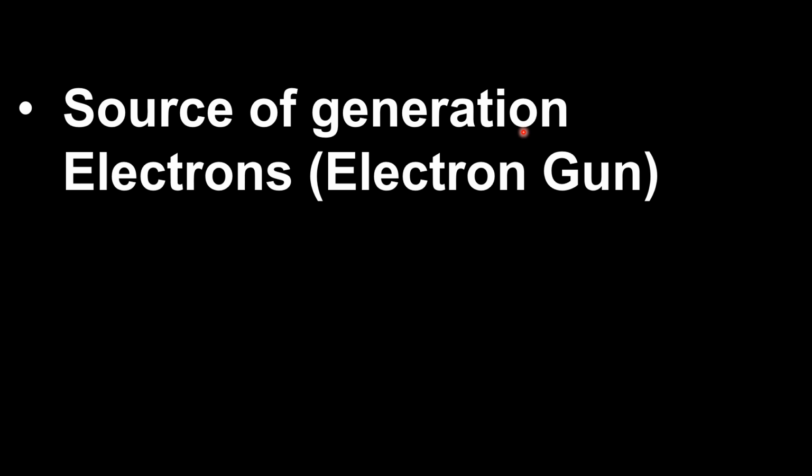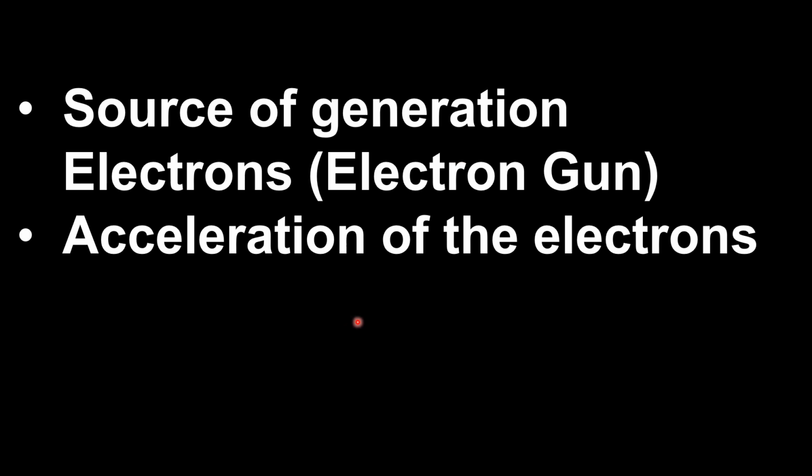So this source is very important for generation of electrons. An electron gun is a device which produces a highly energetic stream or beam of electrons. These beams of electrons have very high kinetic energy, and they are accelerated in a device which is used to generate continuous X-rays.